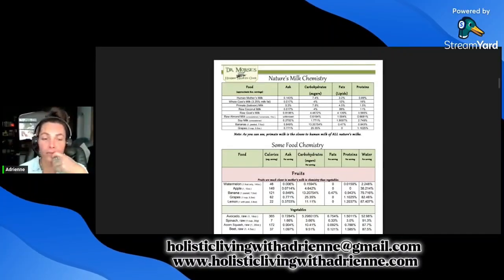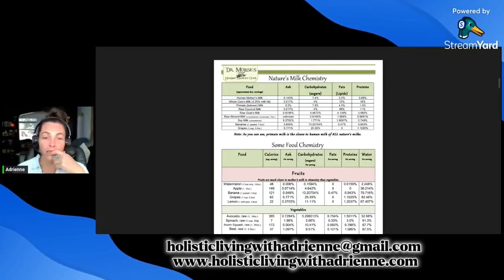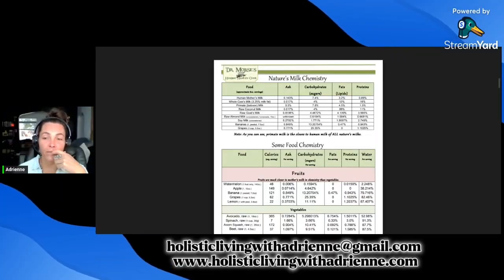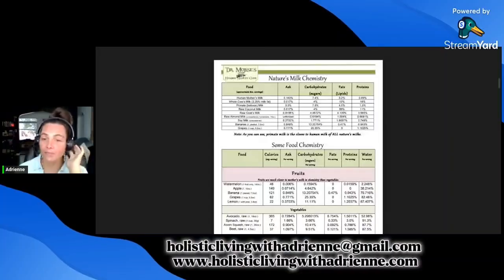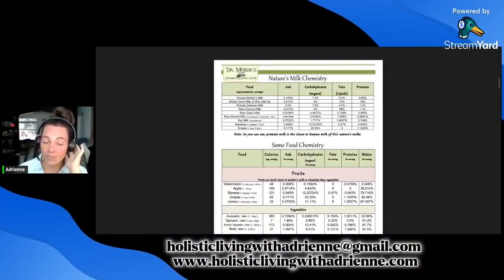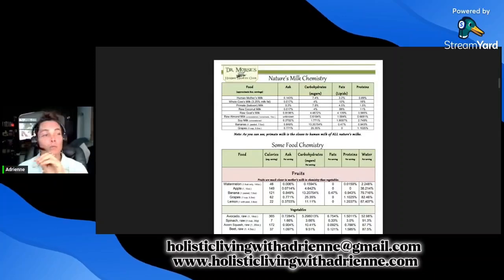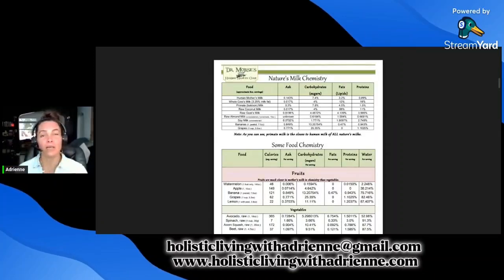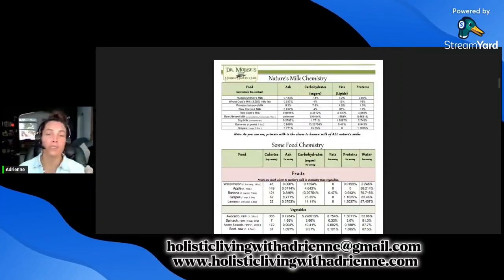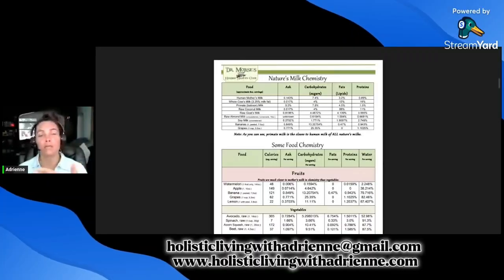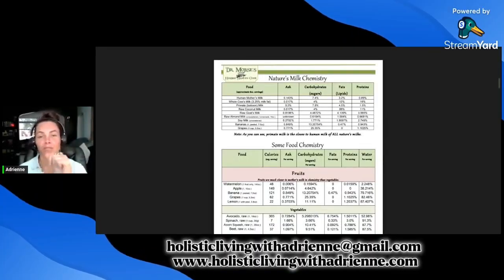I won't read all of them, but let's look down the list and compare other high protein milk. Other high protein milk is raw coconut milk, which is why coconut water is good for detox, but the milk we use for the building phase.